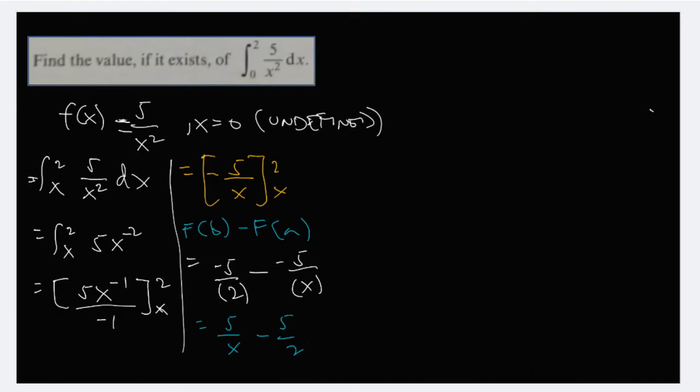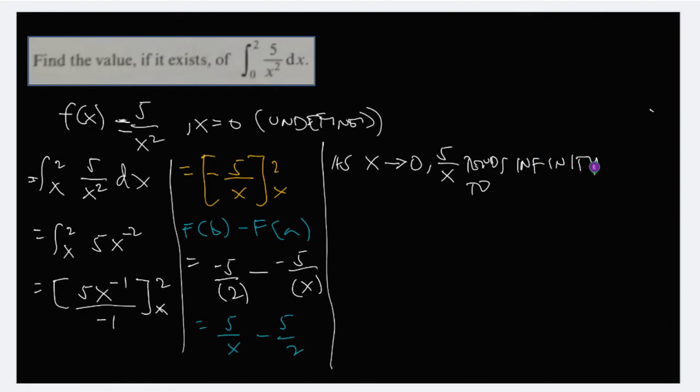Now, based on the statement that we started with at the top, because we substituted x to 0, we can say that as x approaches 0, 5 over x tends to infinity.